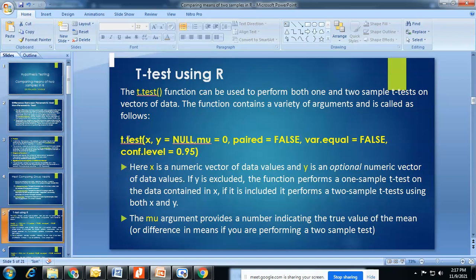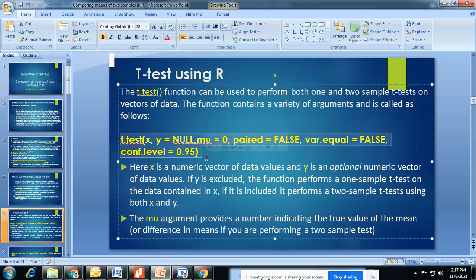Now here is the syntax to perform the t-test. t dot test in bracket x comma y is equal to null. First I will read the instruction, and then I will tell you the meaning of each term. t dot test in bracket x comma y is equal to null, then mu is equal to 0, then paired is equal to false, then var dot equal is equal to false, and conf dot level is equal to 0.95.